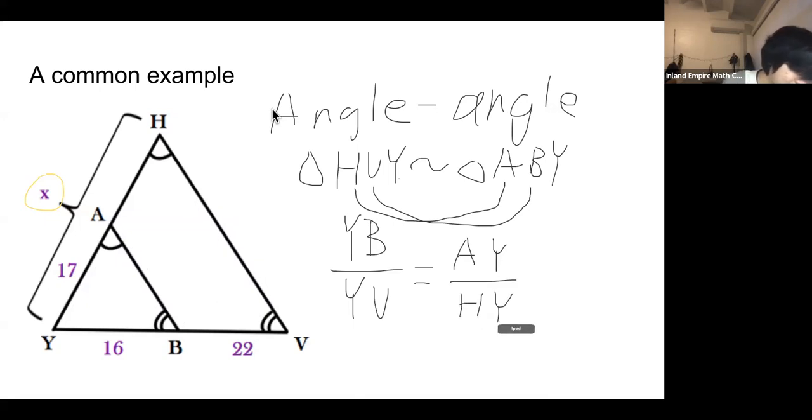So this length right here over this big length right there equals this length right here over this big length right here.